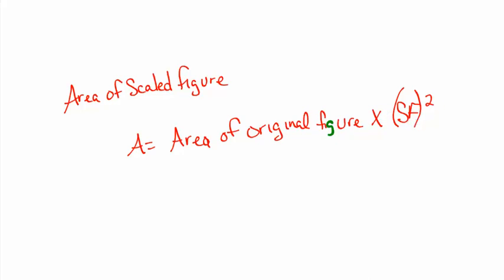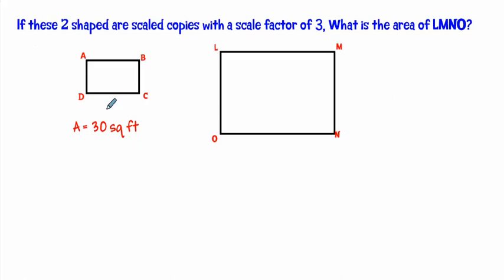Okay, let's do an example. Let's look at this one. If these two shapes are scaled copies with a scale factor of 3, what would be the area of this one? Let's just use our formula: the area of the original times the scale factor squared, or to the second power.